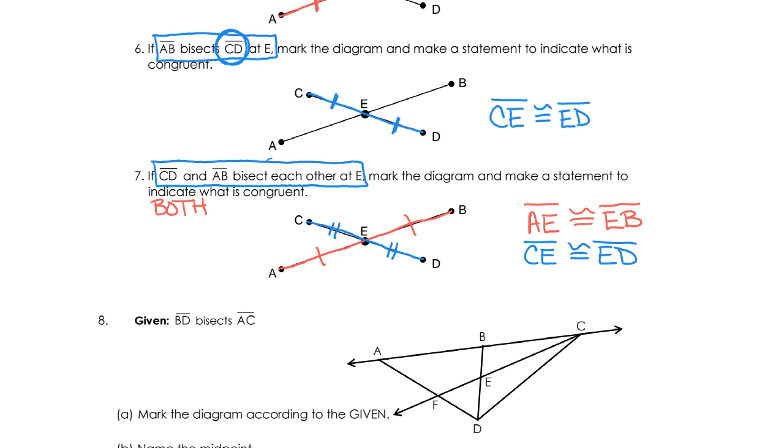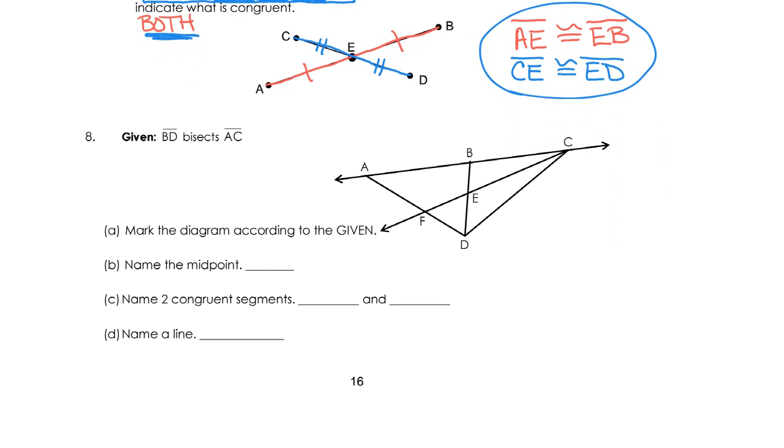And so the only way we get both congruent statements is if it says bisect each other. That means both of them are being cut in half, and therefore we get 2 sets of equal pieces. Okay, so we really need to know those cases. And we have one more question down here to go and do.